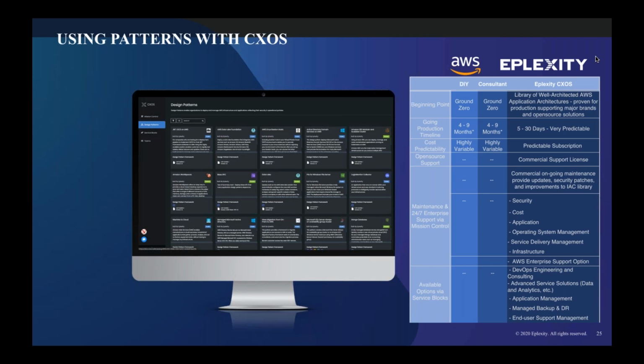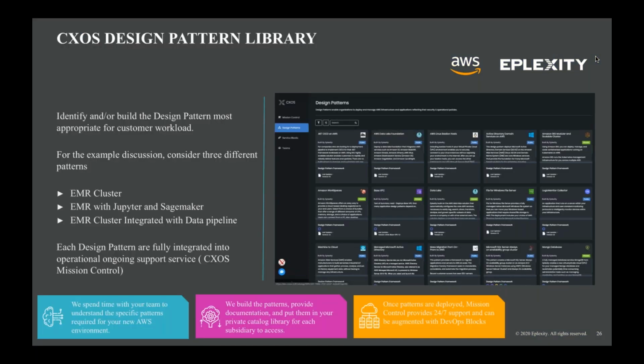And with that one click we can do everything that we spoke about, whether it's deploying aspects of the core accounts, or spinning up an EMR cluster with SageMaker and all the other pieces and parts. We make sure that they are not only part of a pattern that is well formed in AWS cloud architecture, but that it also adheres to AWS best practices and the Well-Architected Framework.